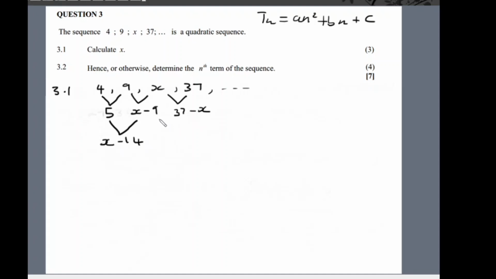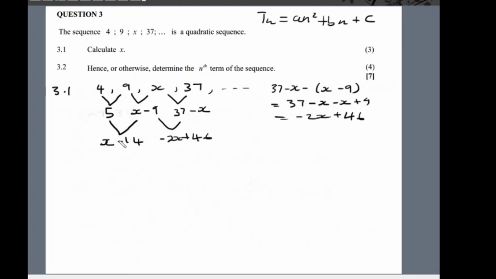And then 37 minus x minus 9, so that's 37 minus x plus 9, so this is minus 2x plus 46.